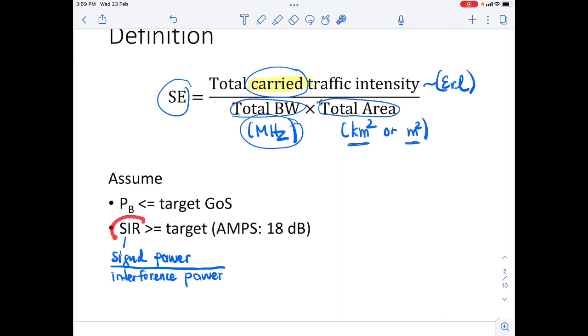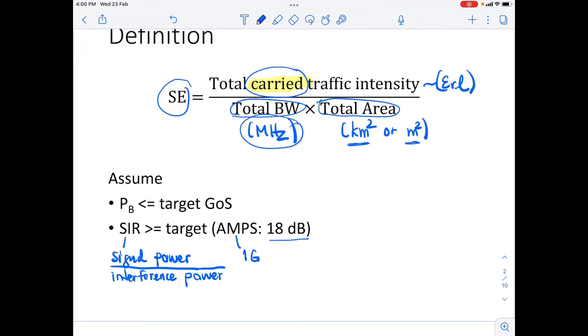Also the SIR, which denotes signal power over interference power, has to be bigger than some target number. Different systems have different target SIR. For example, AMPS, a 1G system, requires at least 18 dB to be able to decode the signal.